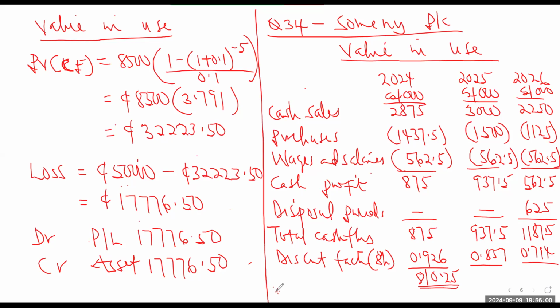The second one is 803.44. The last one is 942.88. So what you do is that you add all. If you add all, that is the value in use.